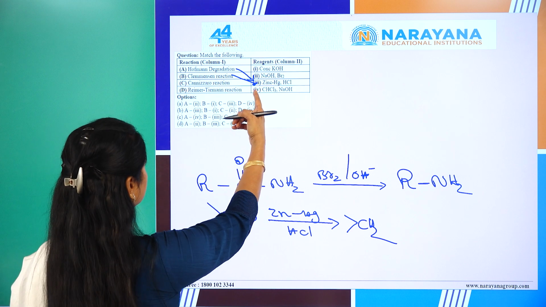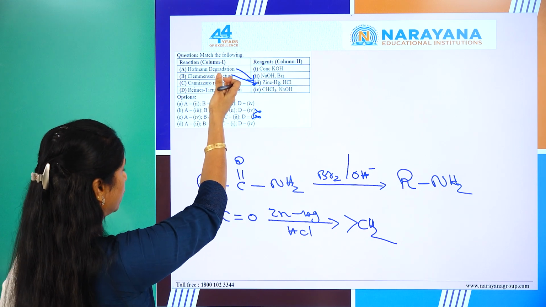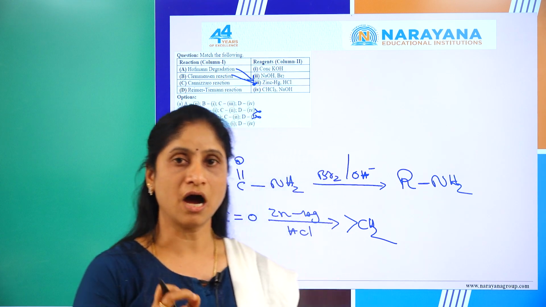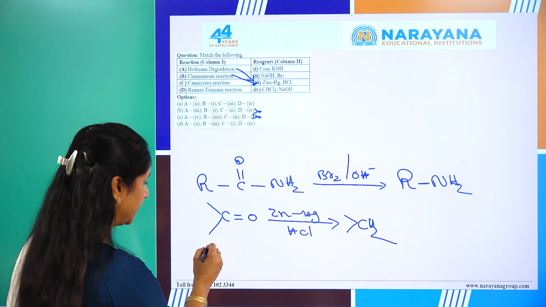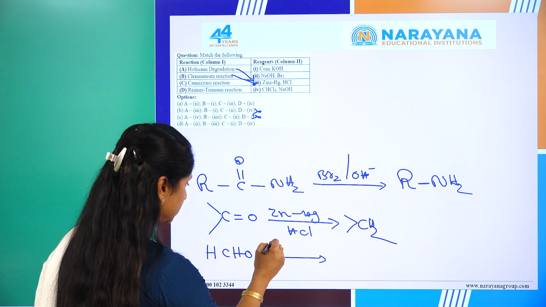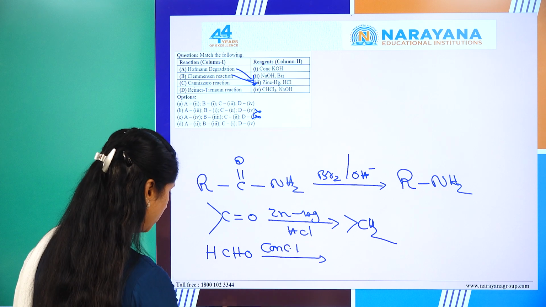So I can match with 3. That itself gives you the answer as D. Of course, let us see the Cannizzaro reaction. Cannizzaro reaction is given by aldehydes without alpha hydrogen in presence of concentrated alkali. For example, formaldehyde undergoes disproportionation in presence of concentrated alkali. So I am looking for concentrated NaOH or KOH.